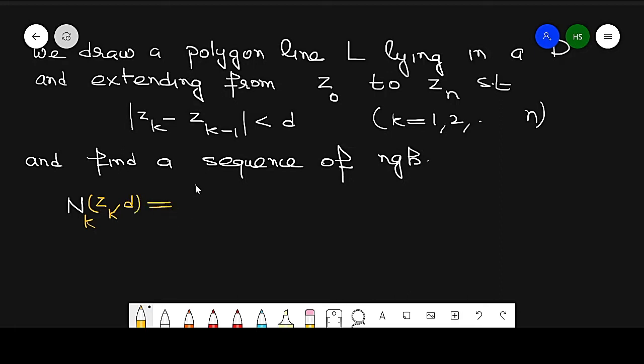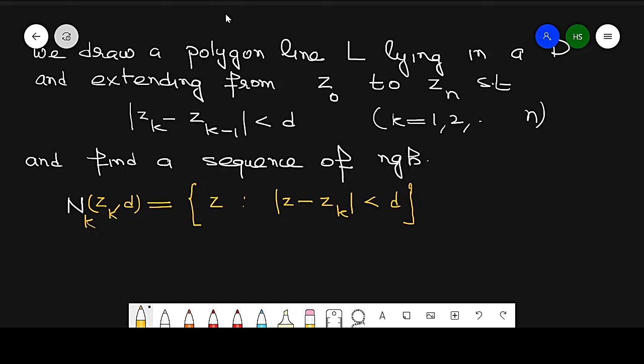So this is the set of all z such that |z minus zk| is less than d. So we define a circle whose radius is d. Now k is running from 0 up to n.